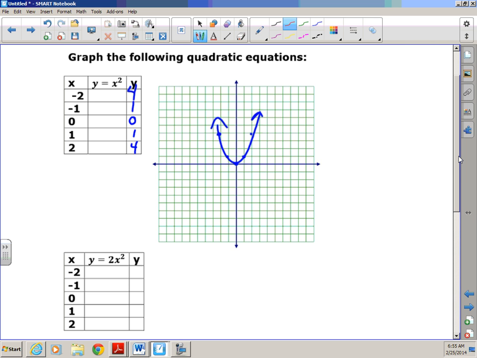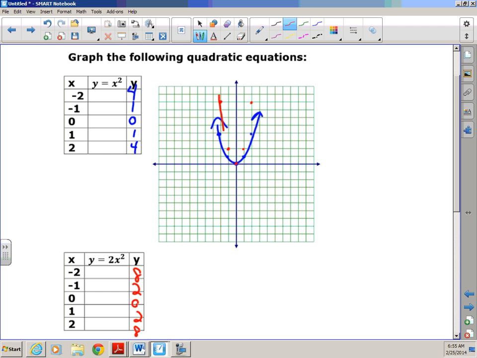Now, I'm going to multiply everything by 2. So that becomes 8. That becomes 2. That's still 0. That's 2. And then that's 8. So when I graph this, I get negative 2, 8, negative 1, 2, and still 0, 0.